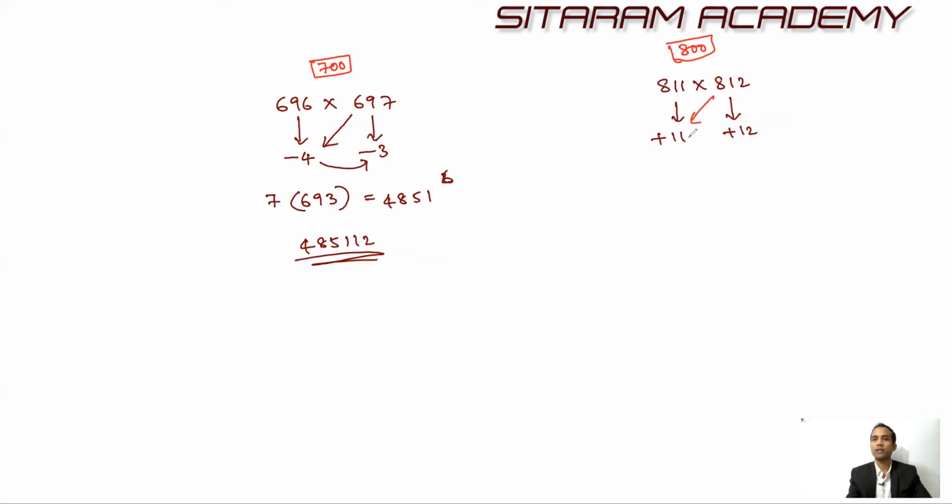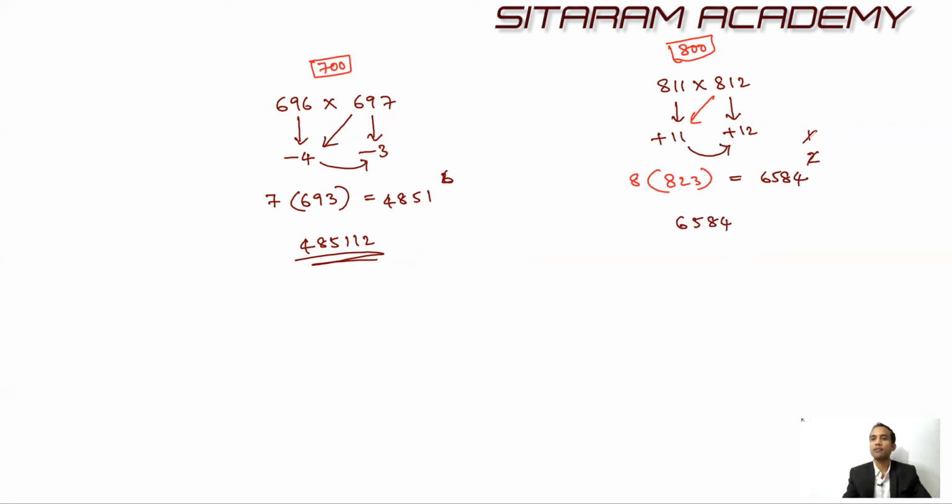How much this will be? 823. 823, it is multiplied with 8. When you multiply it with 8, what answer you will get? 8 3s are 24. 8 2s are 16 plus 2, 18. 8 8s are 64 plus 1, 65. 6584 we got.